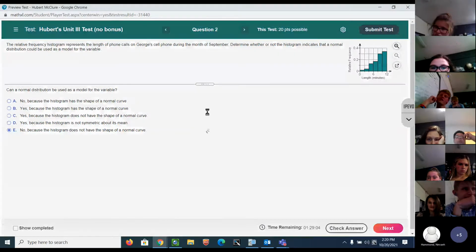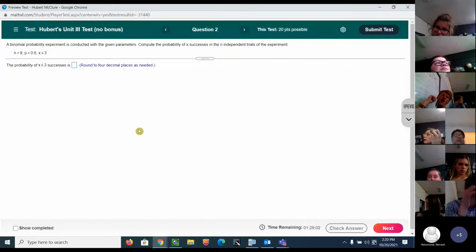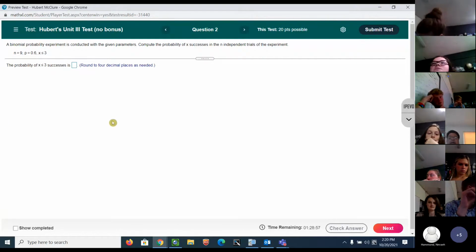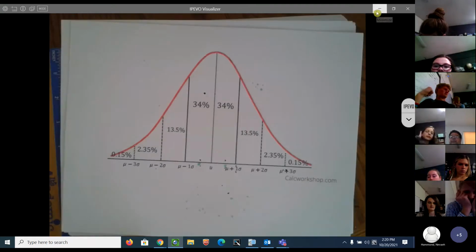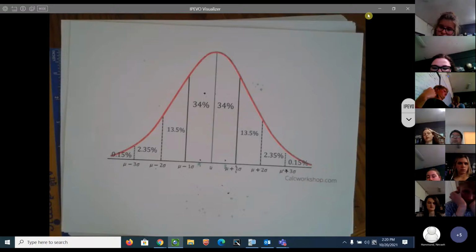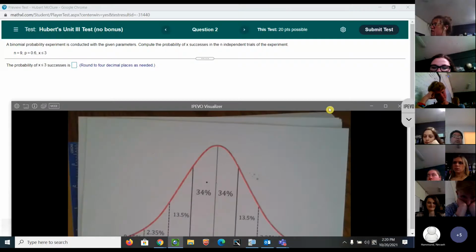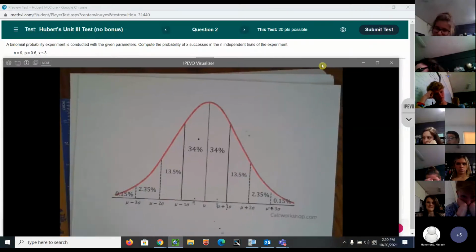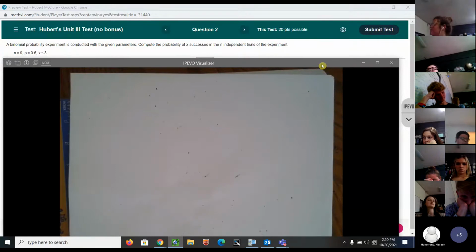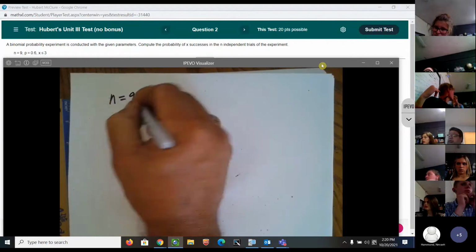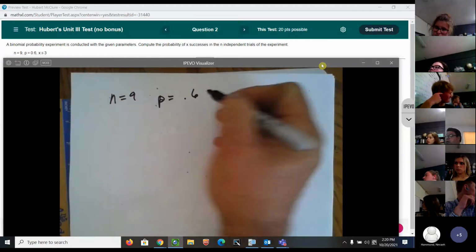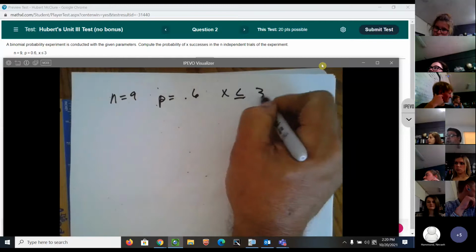Next, NPX, this is cumulative. So I'm going to take my handy dandy calculator. I'm going to do some of these for you, but I'm not going to do all of them because y'all probably already know them all anyway. So this one says N is equal to 9, P is equal to 0.6, and X is less than or equal to 3.